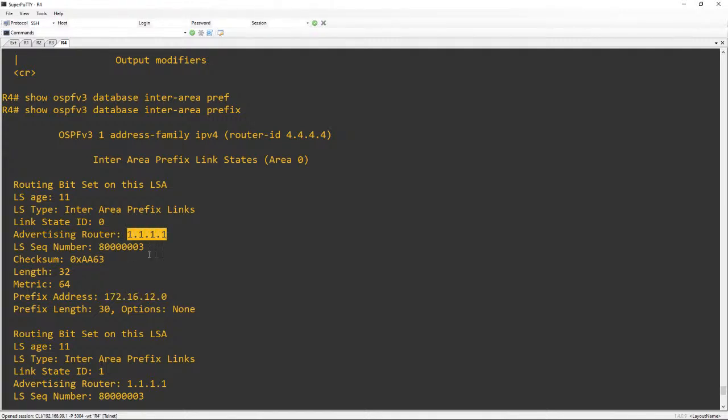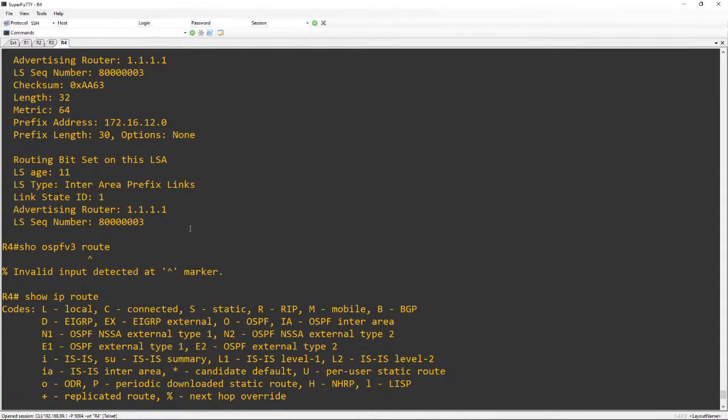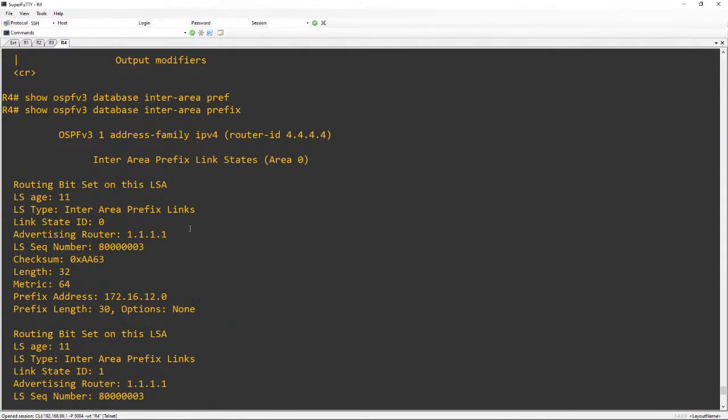So this type 3 LSA describes the prefix, but I don't use the type 3 LSA to route to that prefix. I use the type 1 LSA to route to the ABR, and then the ABR in turn will use its type 1 LSA to route to the destination. We're just advertising the reachability information. It's kind of confusing, but it's how OSPF does routing. It's not like your traditional routing protocols.